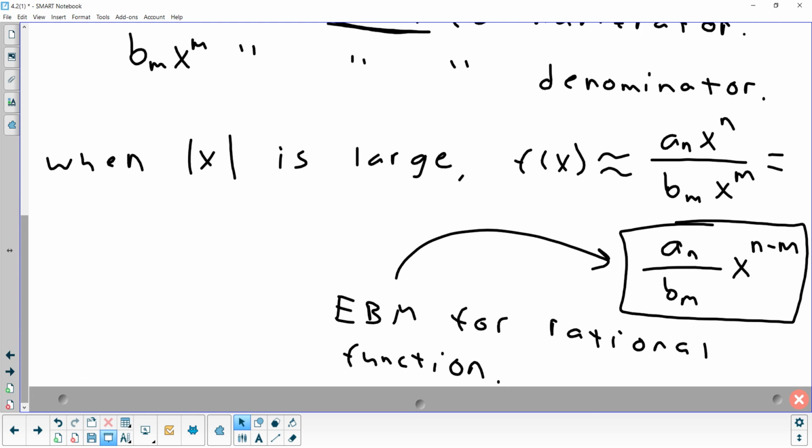And when we look at really large values, we talked about this yesterday in 4.1. When you look as x approaches infinity, usually you do that to try to figure out what? Or you can look when x approaches negative infinity.